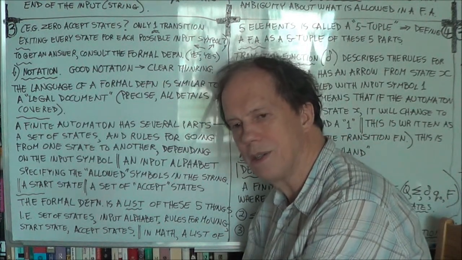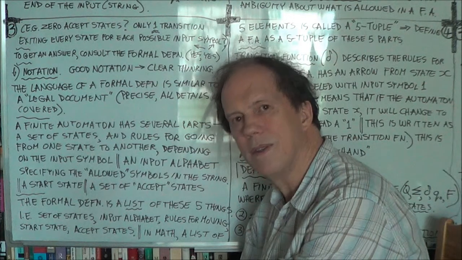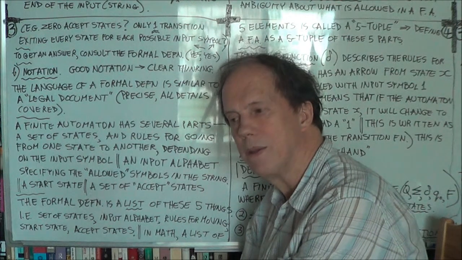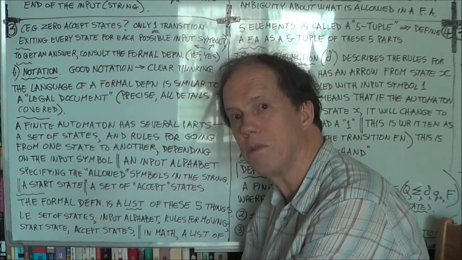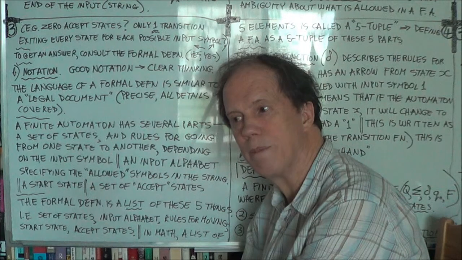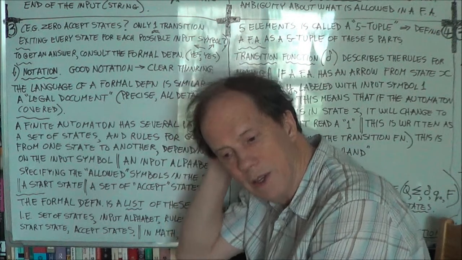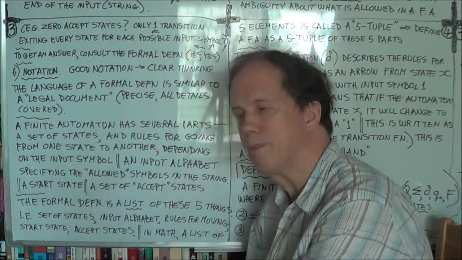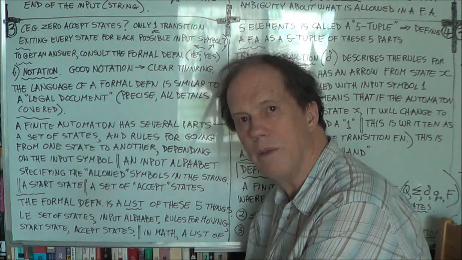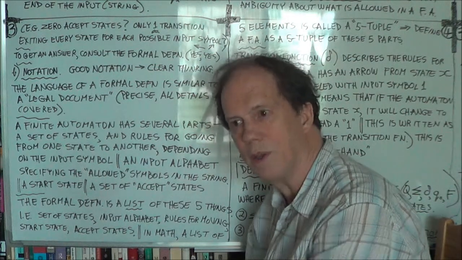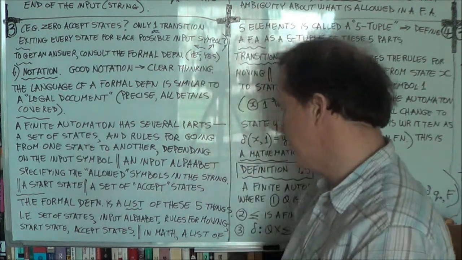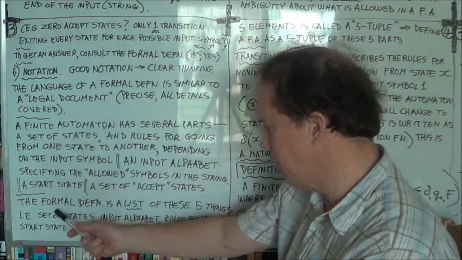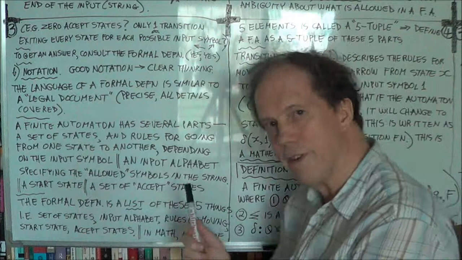So you need to list those states that are accept states. So those 5 things, and that's it. If you can list those 5 in a mathematically precise way, which we'll do in a minute, then you have your definition of what an automaton is. So the formal definition is a list of these 5 things.